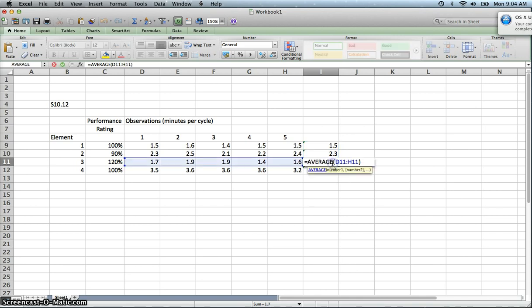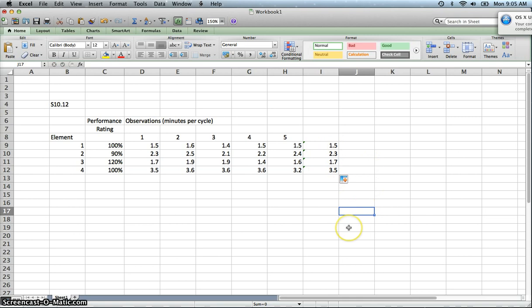And we'll double check to make sure that it's doing right. Yes, it averaged these 5 observations for element 3 of the lab test. And so we have the averages for each one of the elements. So the average for element 1 is 1.5, element 2, 2.3, element 3, 1.7, and element 4, 3.5.